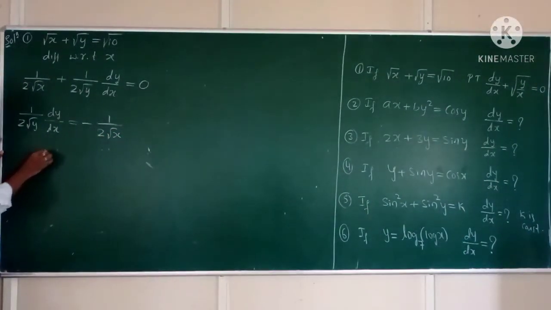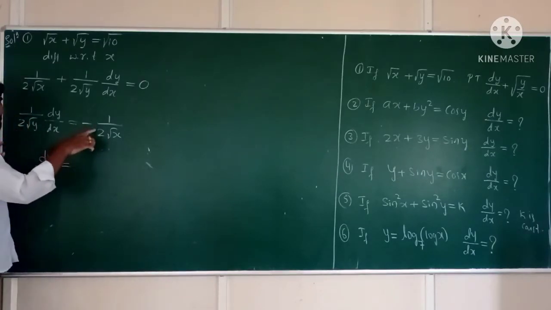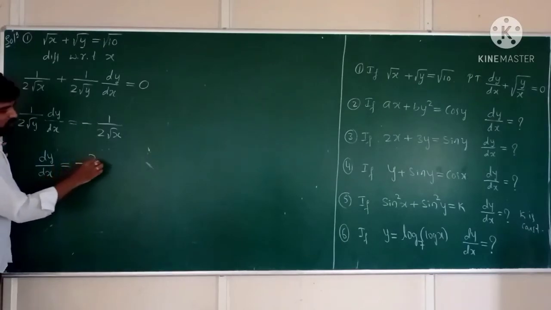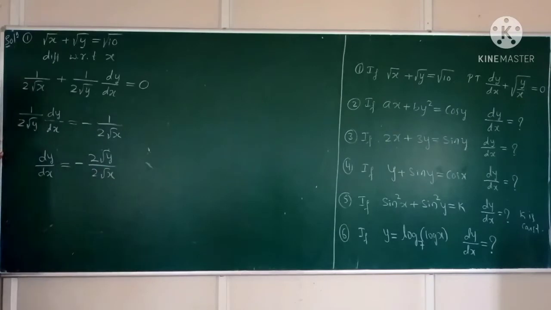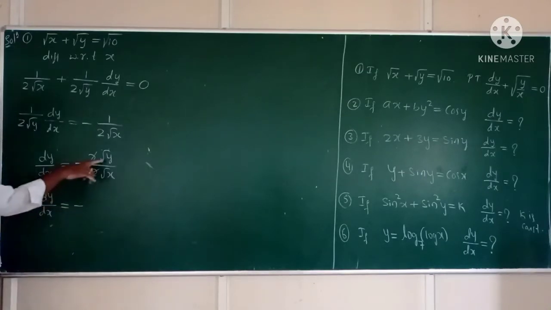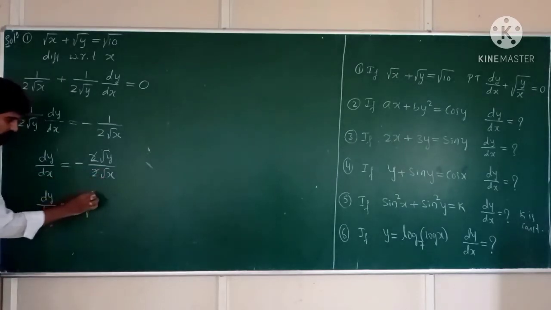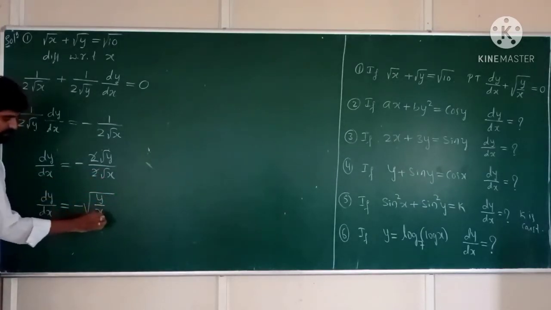Therefore the value of dy by dx is equal to, shifting this 1 by 2 root y towards the right hand side, it becomes 2 root y divided by 2 root x as it is. 2 and 2 get cancelled. Therefore the value of dy by dx is equal to minus root y divided by root x, which can be written as minus square root of y by x.